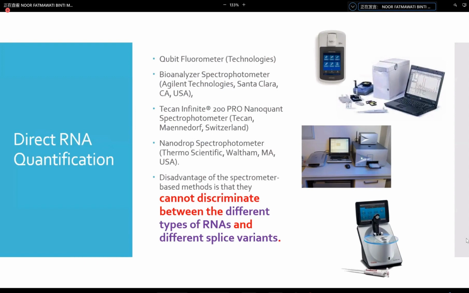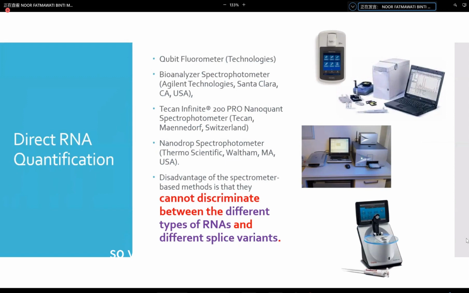If you could remember, when you measure RNA, I should have put the gel image of RNA. Can you imagine the gel image of RNA? If you run total RNA on a gel, can anybody tell me what you see? You can see two bands, the 16S and the 18S.